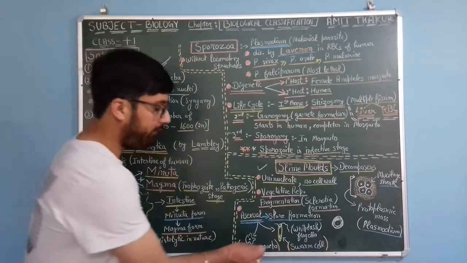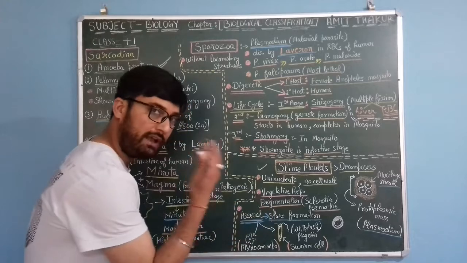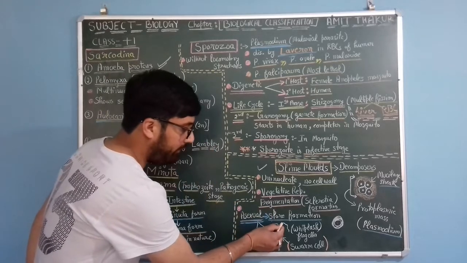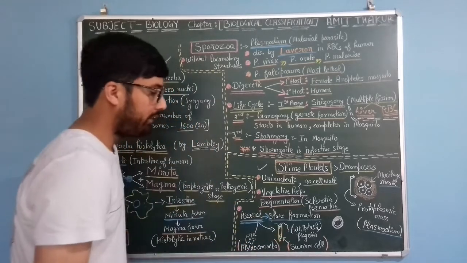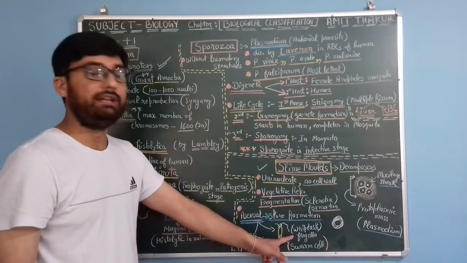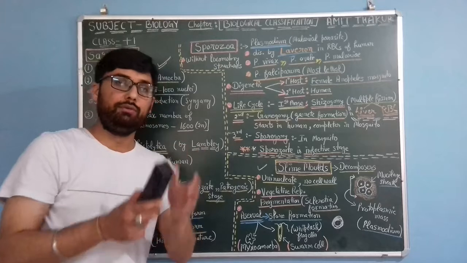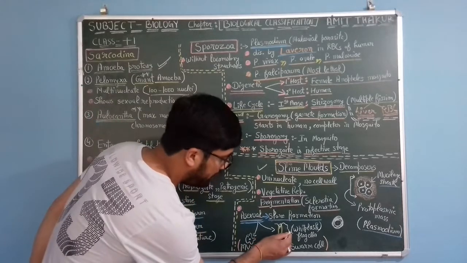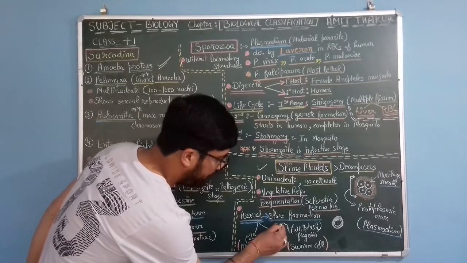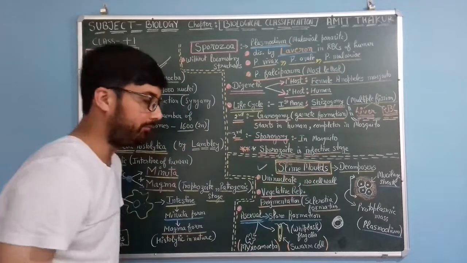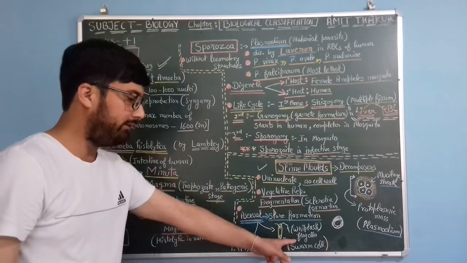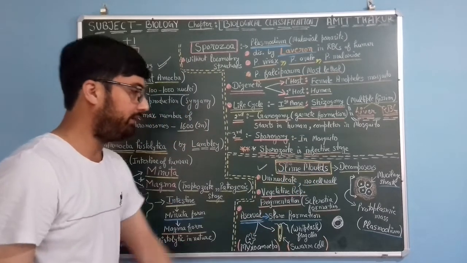This spindle-like form has two flagella, one small and one longer, known as whiplash flagella, because it is broader at one end and narrower towards the body.